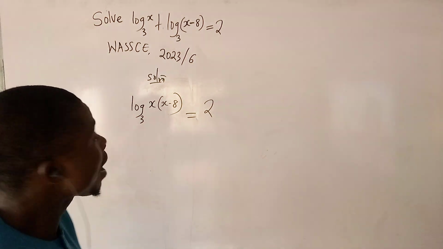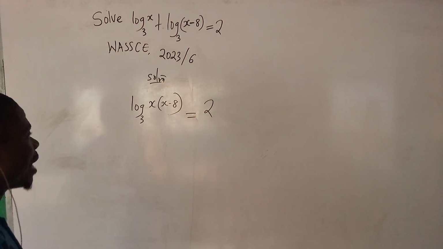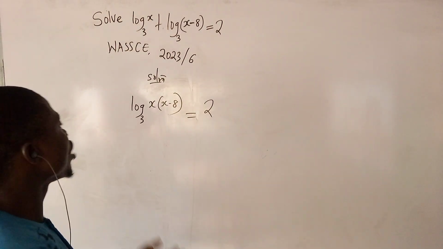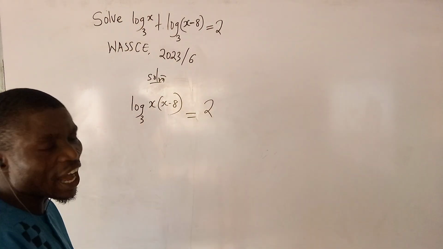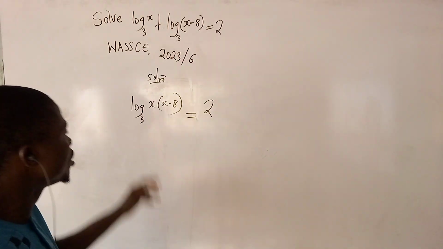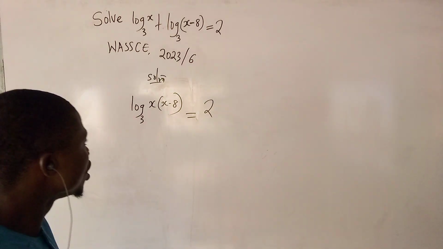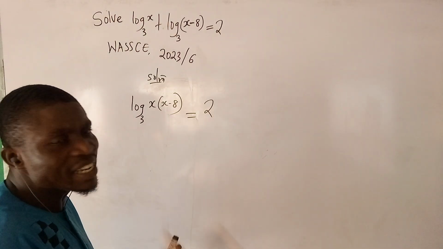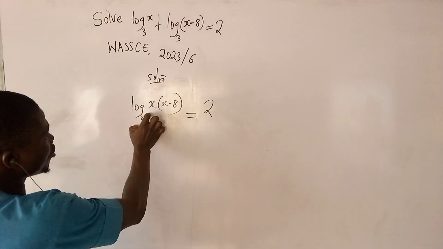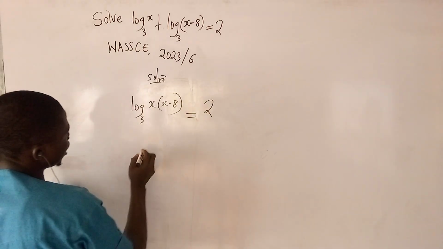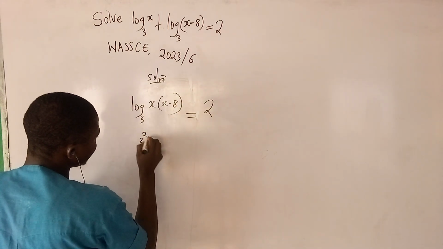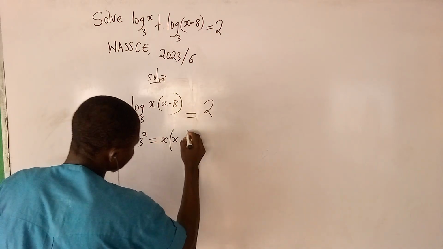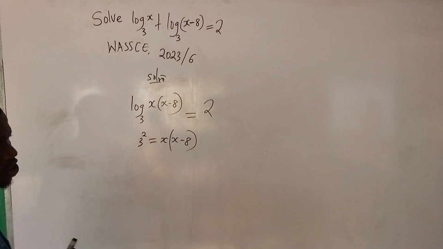Now, we define log as follows: the log of a number to a base is the power to which the base must be raised to get the number. Translating this definition into solving this, we find that 3 power 2 must be equal to x into (x minus 8), right?